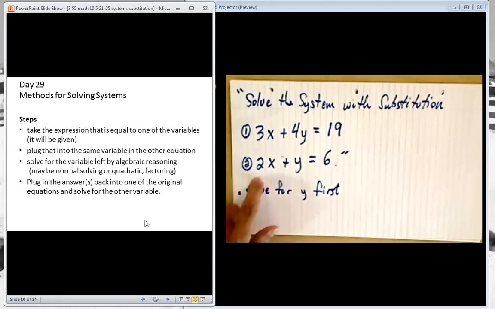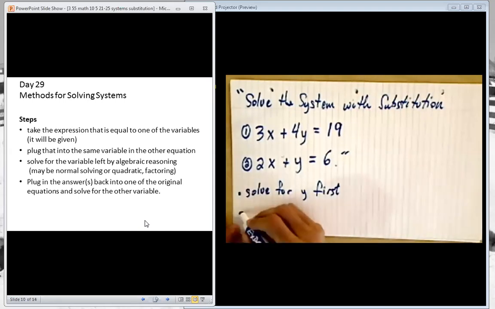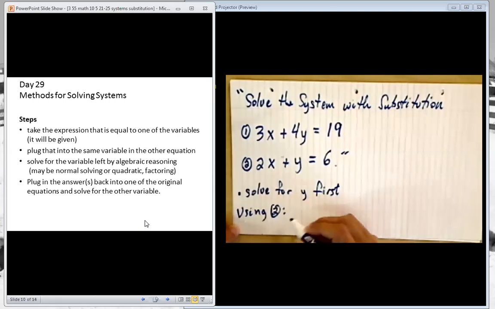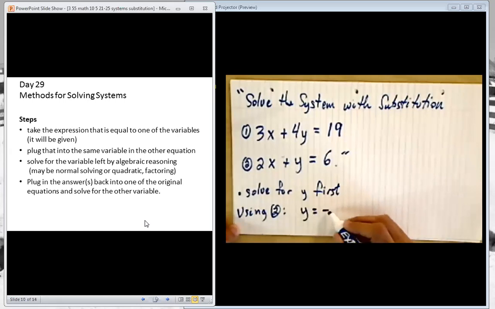Just move the 2x to the other side and that's it. Absolutely. Okay, so using 2, you get the y value, the y by itself, right away. 2x goes over, it's now minus. 6 is positive there.